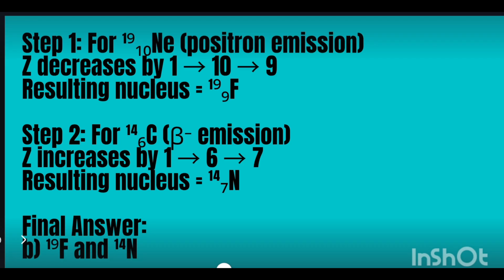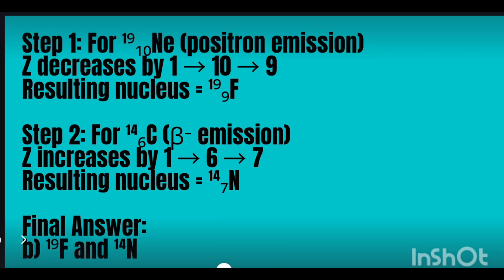In step 1, for neon-19 (10), positron emission will happen. So here Z decreases by 1. That means 10 decreases to 9. So the resulting nucleus will be fluorine-19 (9).